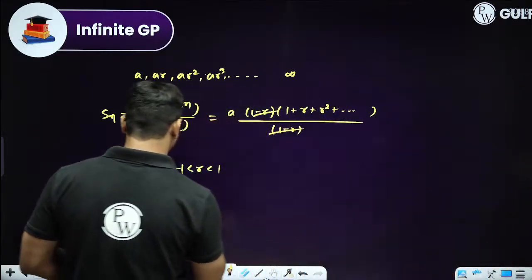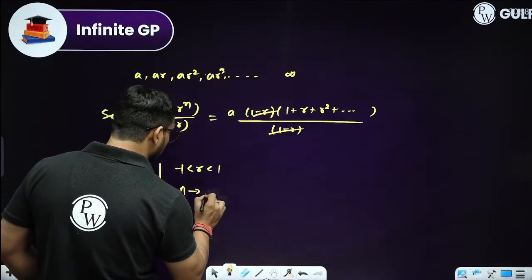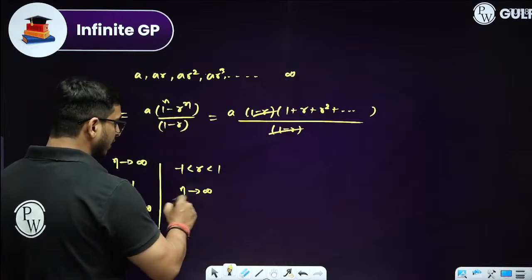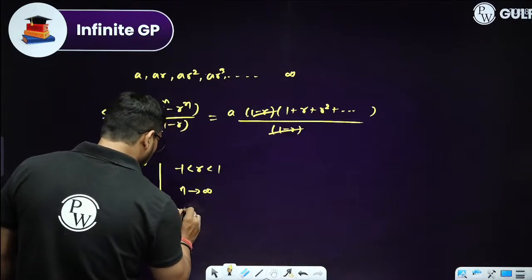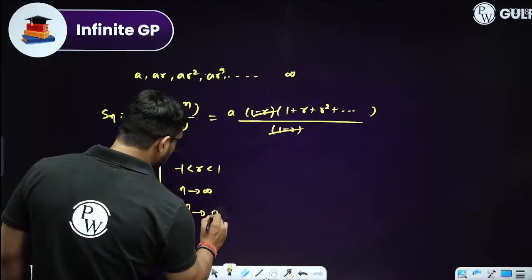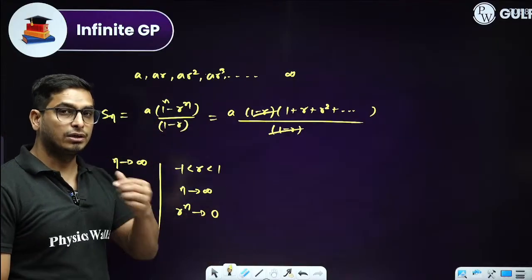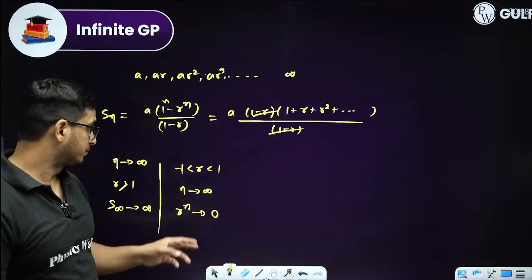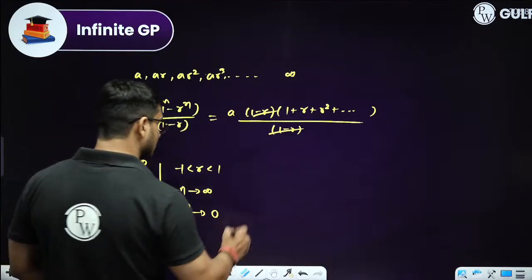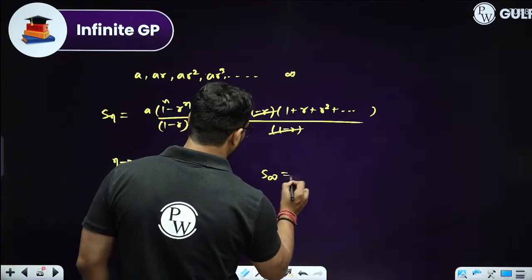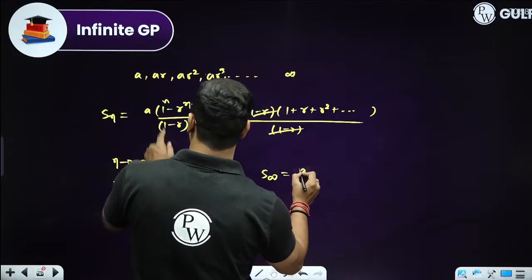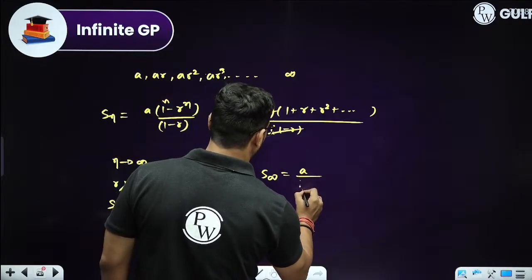In that case, if n is tending to infinity, r to the power n should tend to 0, right? Understood? So in this case, S infinity should be a into 1 to the power 1, and we have 1 minus r.